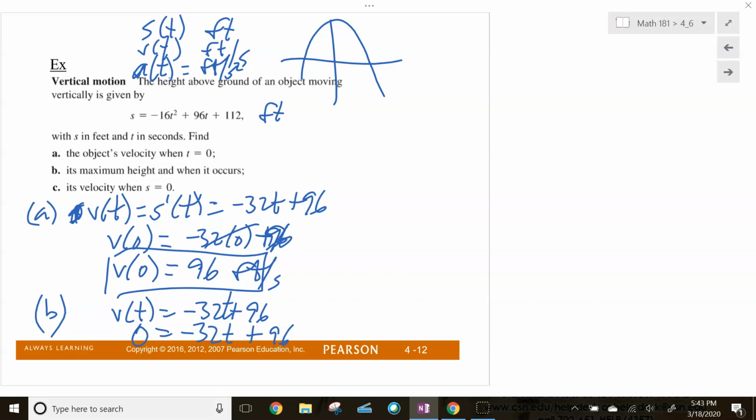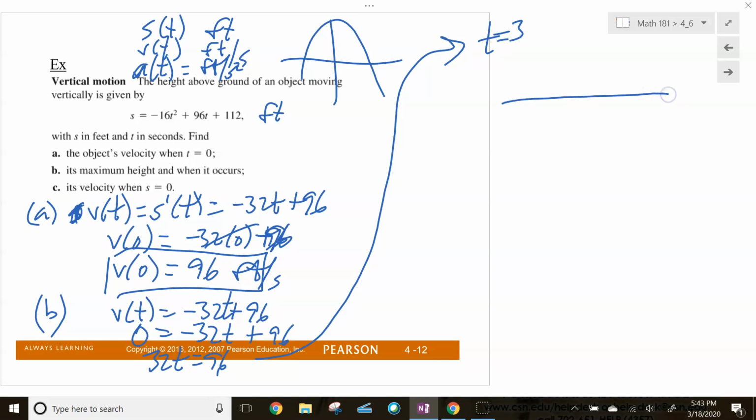The velocity, which is the derivative of the position, will show me the potential points for a maximum. So let's add 32t to both sides. 32t equals 96. Divide by 32, so t equals 3.